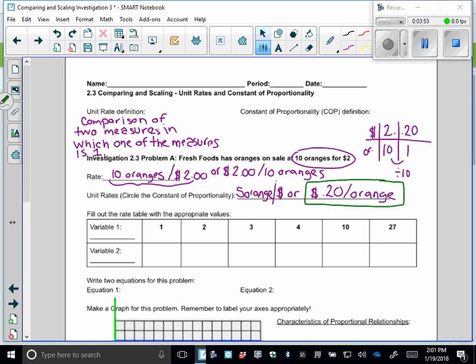So in this unit rate, the orange becomes the independent variable. I have to say, well, how many oranges am I going to buy? In that case, I would call my variable N, the number of oranges. But then my other variable would be C, or cost in dollars. So for example, this would be 0.20.